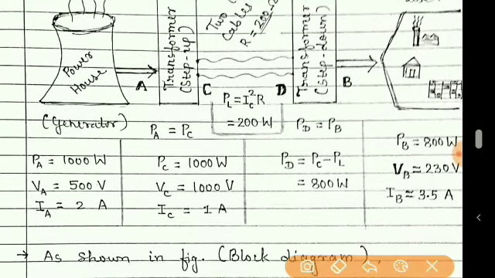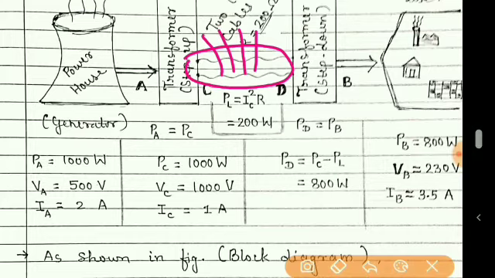If high power is lost in these cables, it means more heat will be generated in them, and if more heat is generated in the cables, then the cables can catch fire. So there is a chance of fire in the cables.